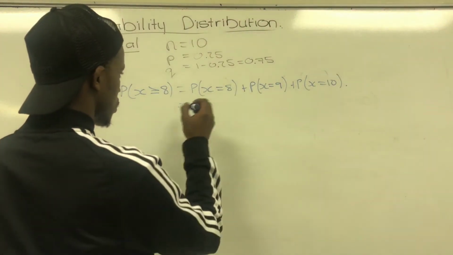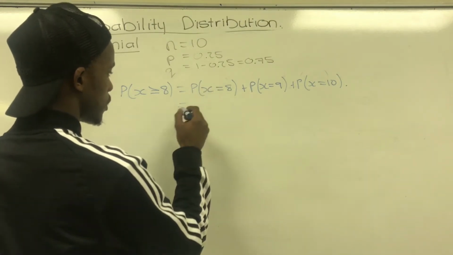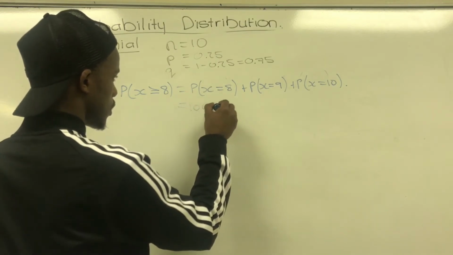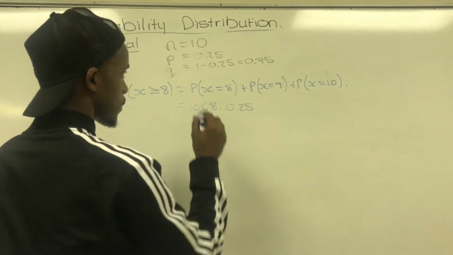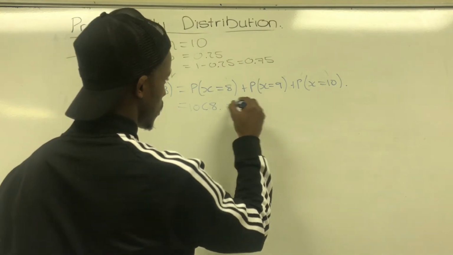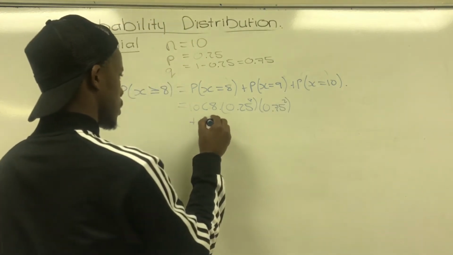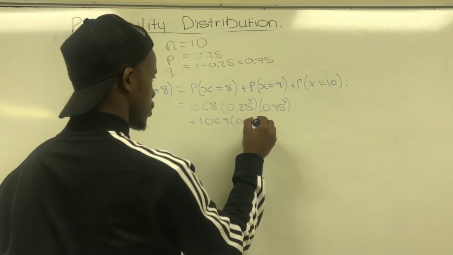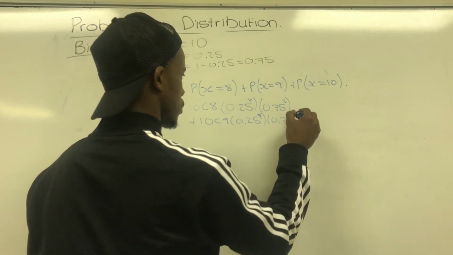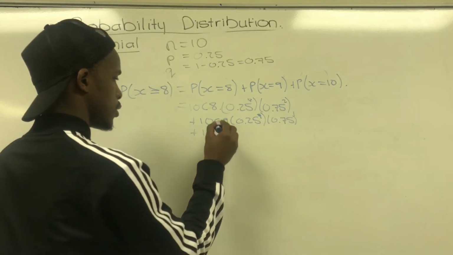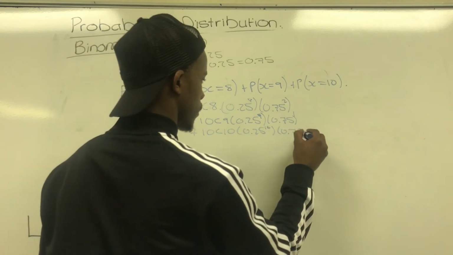So this can be simplified: 10 choose 8, times the probability of success, 0.25, to the number of successes we have, 8, times 0.75 to the 2, plus 10 choose 9, times 0.25 to the 9, times 0.75 to the 1, plus the last one, 10 choose 10, times 0.25 to the 10, times 0.75 to the 0.